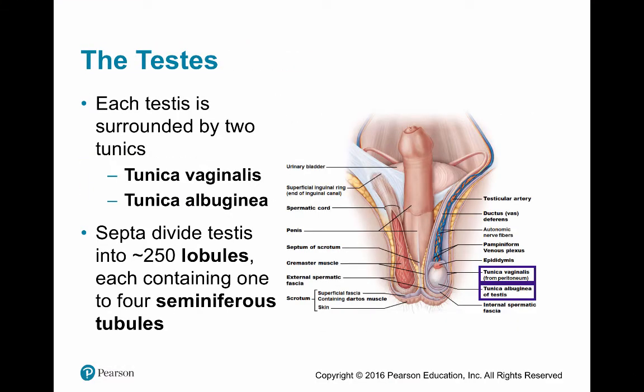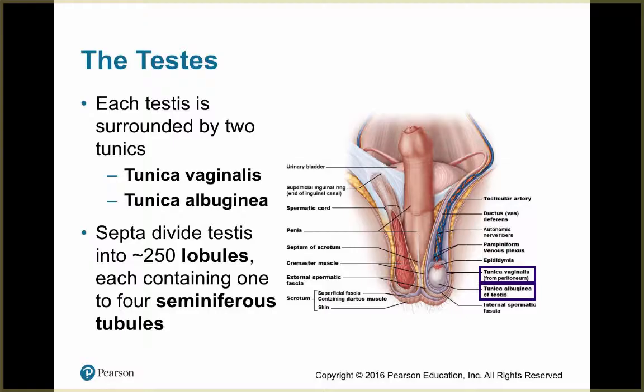Now, when we're talking about the testes in particular, this is what we find inside of that sac, the scrotum. Each testis is surrounded by some tunics. You have the tunica vaginalis, which is the outer layer, and this is derived from the peritoneum, and you can see that right here.